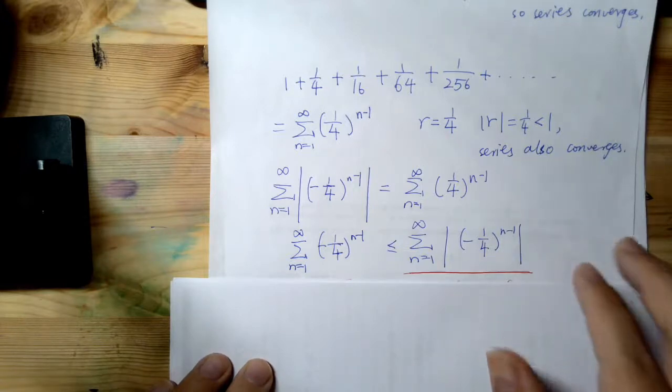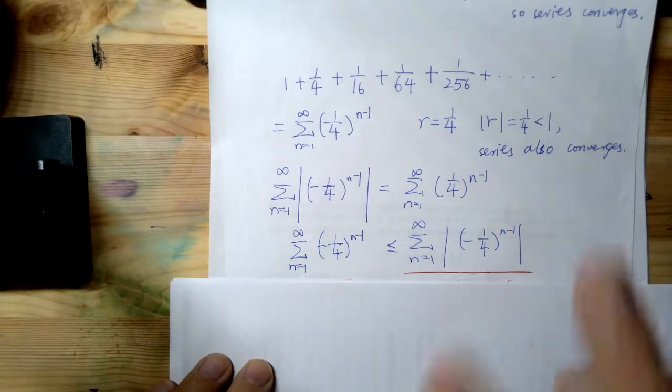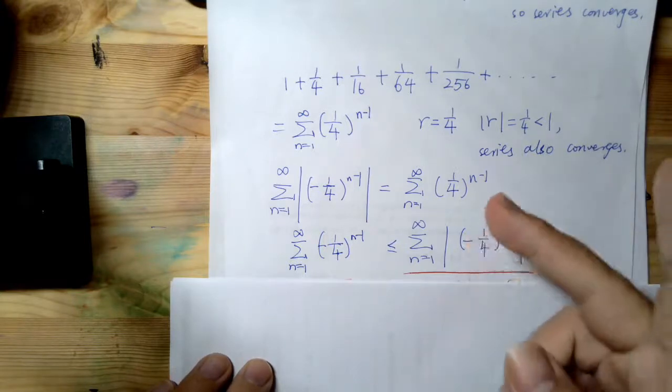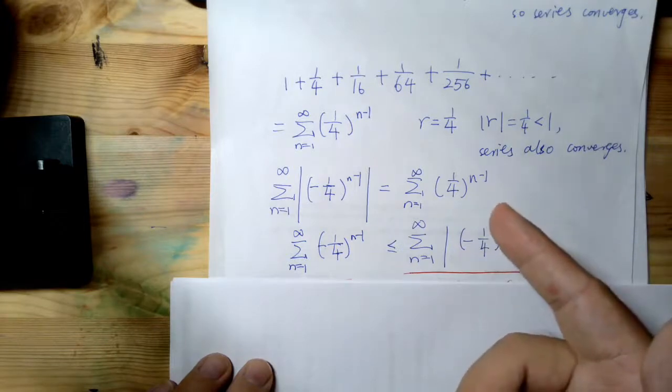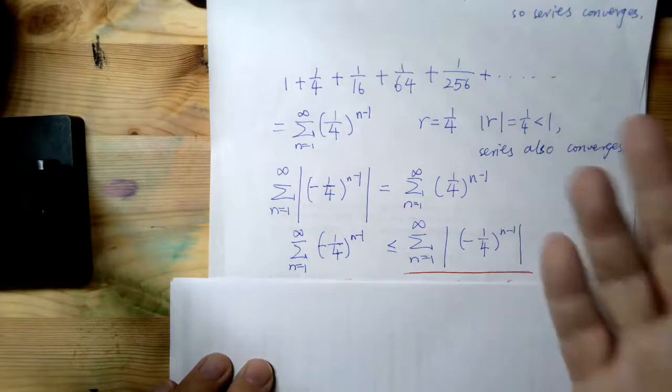Meaning if it's absolutely convergent, it definitely converges. But the other way around, if a series converges, it may be absolutely convergent, or it may not.